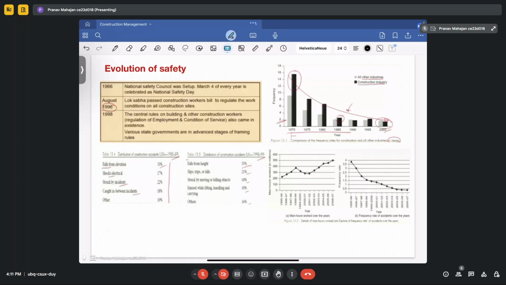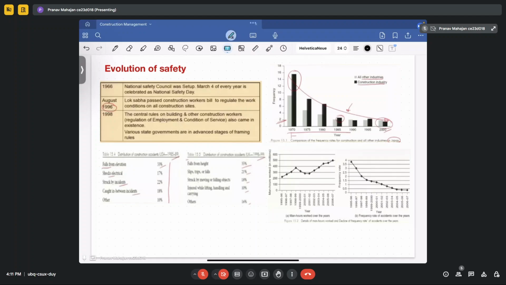Then in 1998, the central rules on building and other construction workers also came, which you usually know as BOCW. If you know certain things about it, this is the same thing that also came into existence.